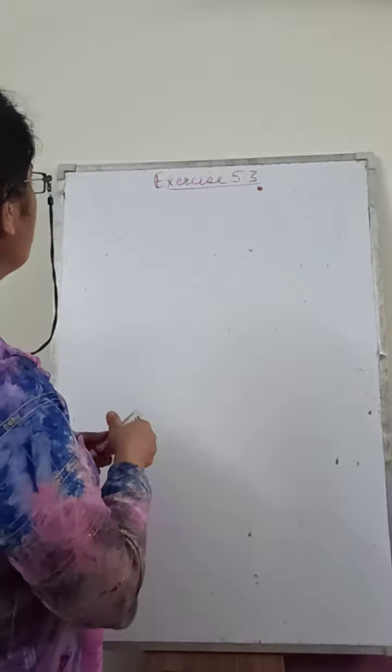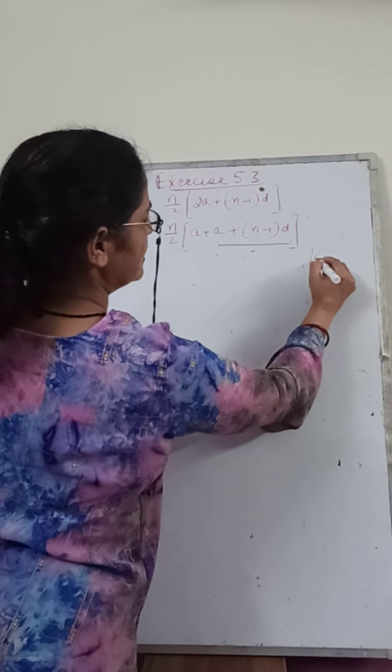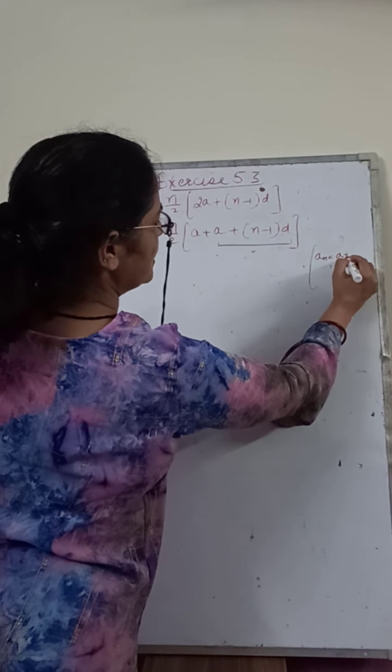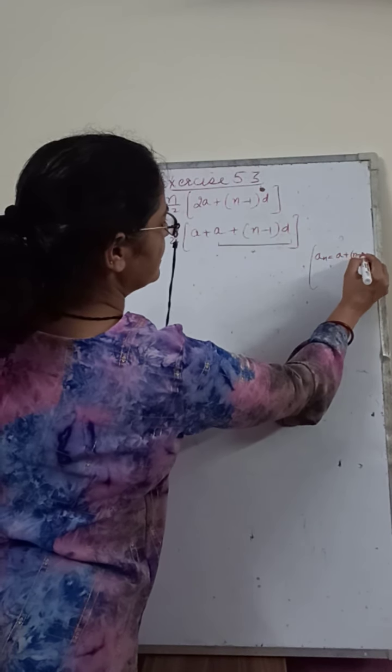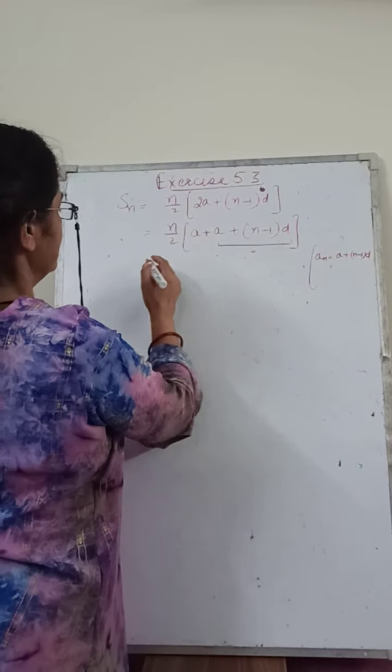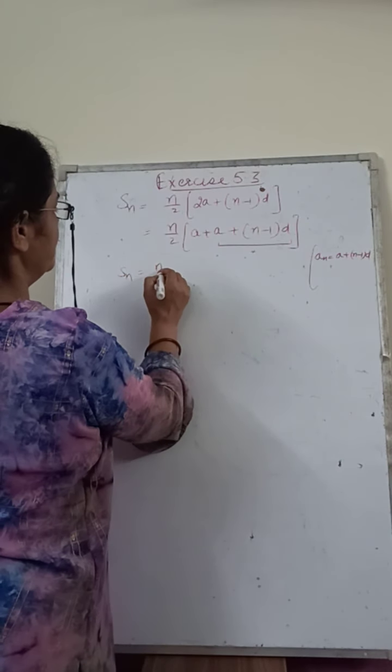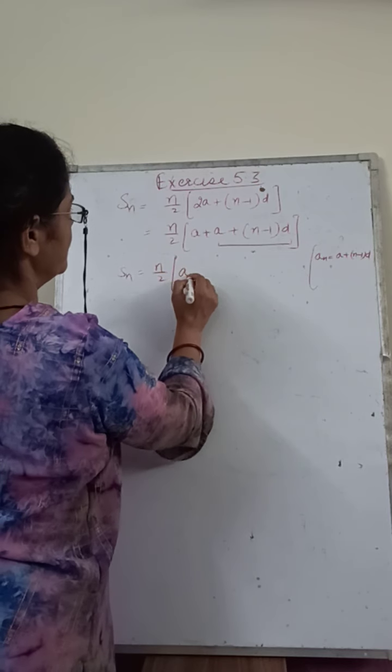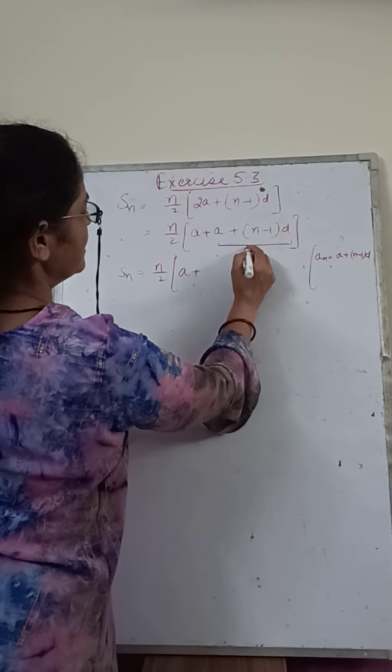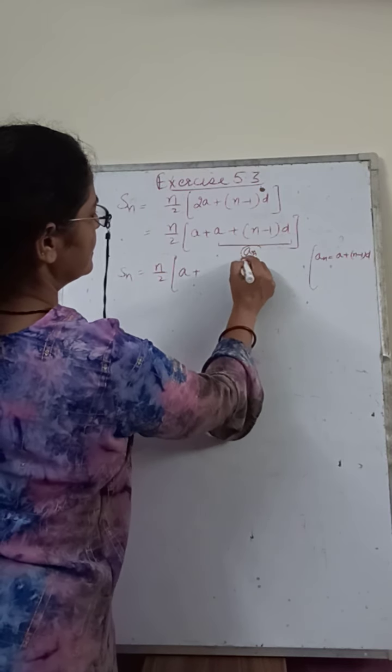And you know, a plus n minus 1 into d, it is what? It is an, is equal to a plus n minus 1 into d, right? In place of this, can we write an? So Sn will be equal to n by 2 into a plus, in place of this let's write an.